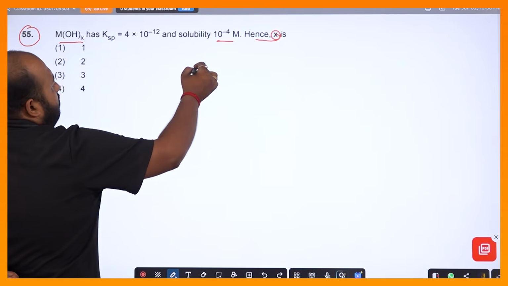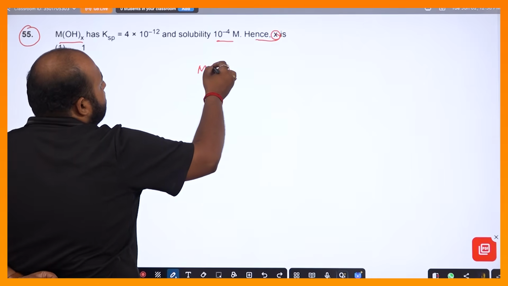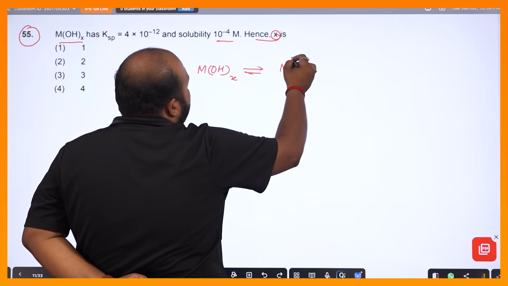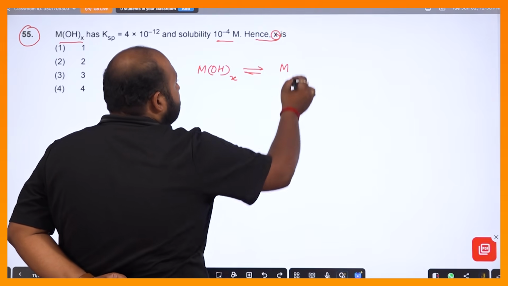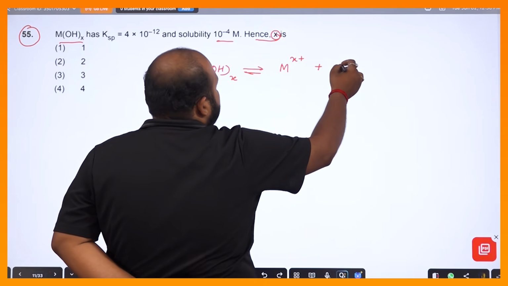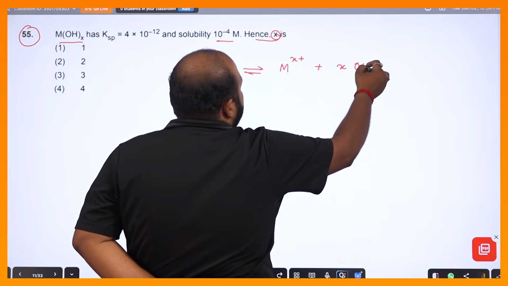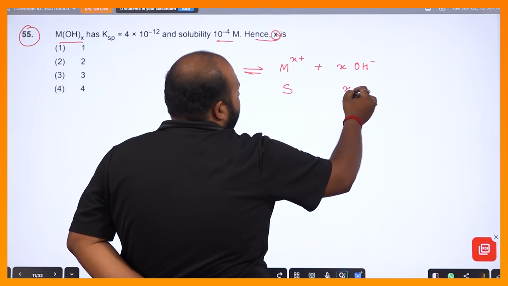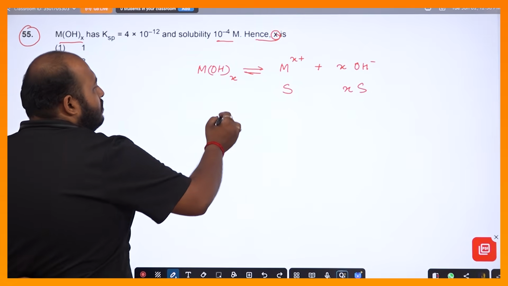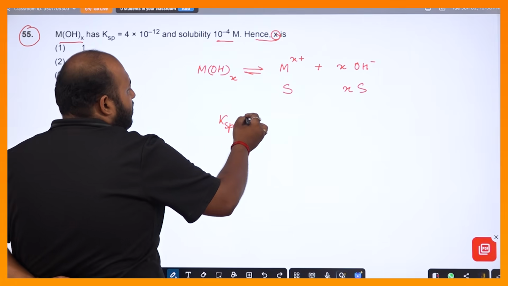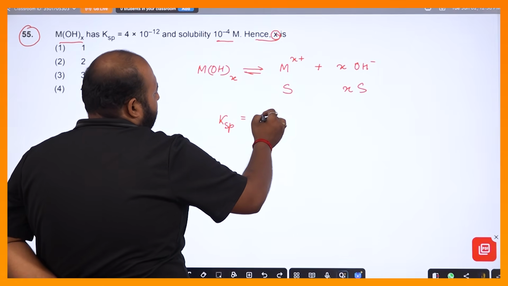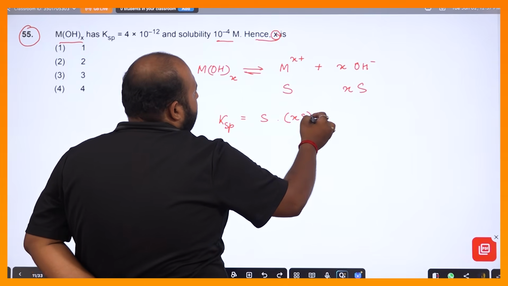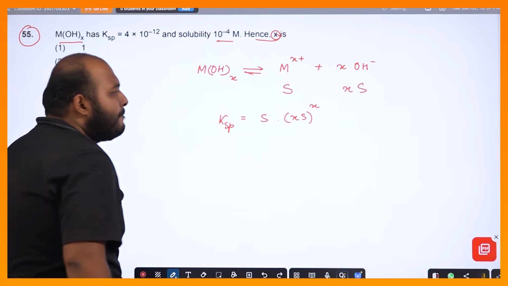So if we ionize this salt, it will ionize like M^x+ and xOH^-. Suppose the solubility here is S, then it will be xS. If we write the solubility equation, it will be S into (xS) to the power x.